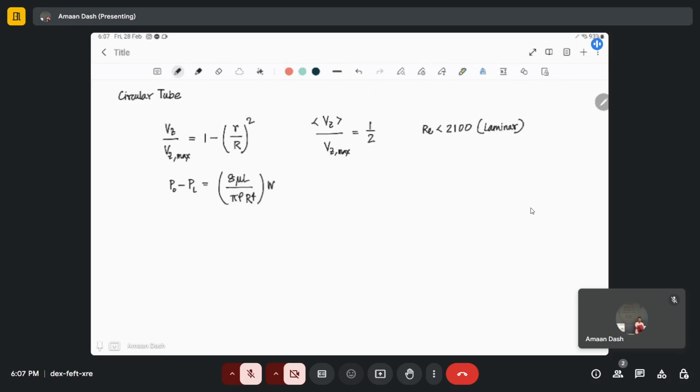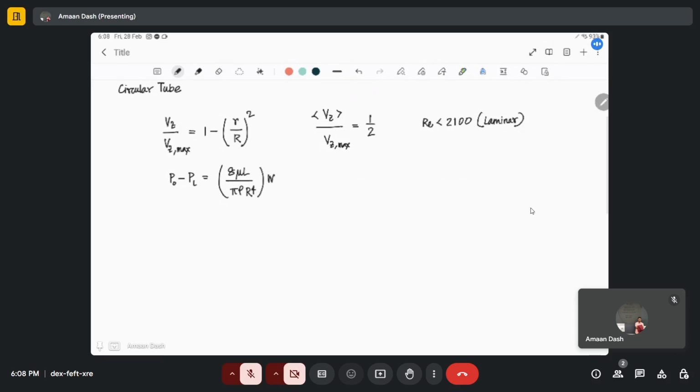For that purpose, we measure something called a time smoothed velocity.